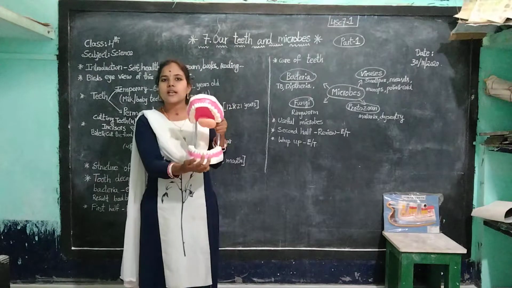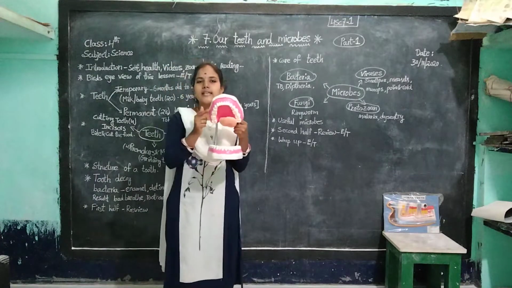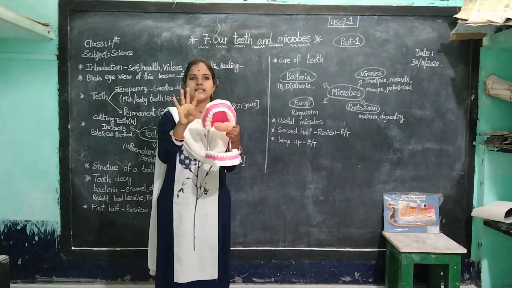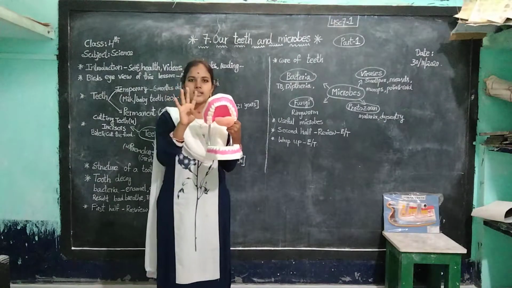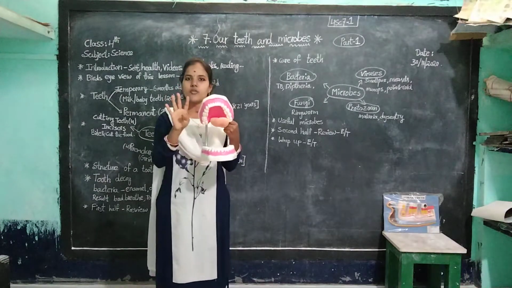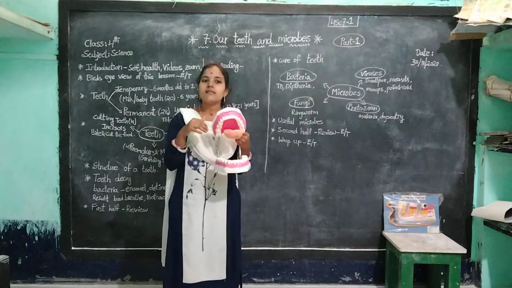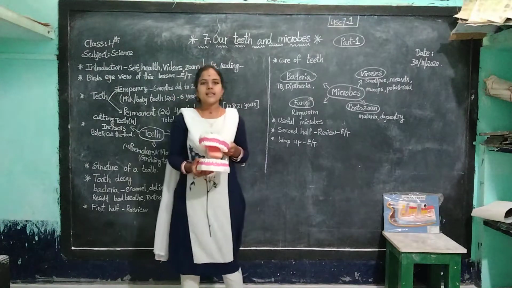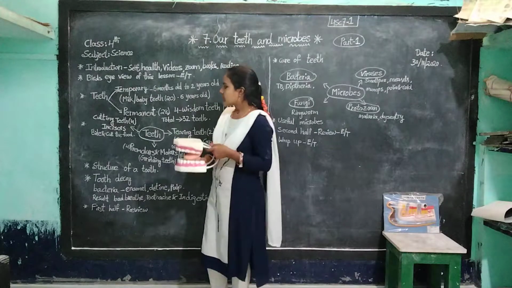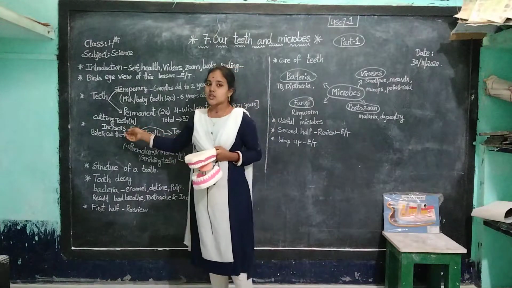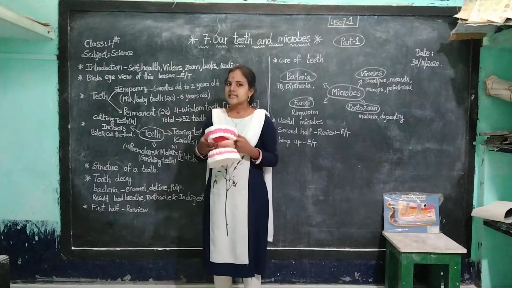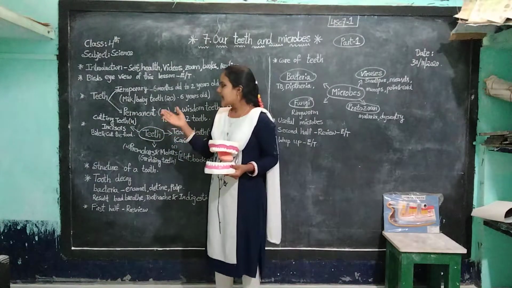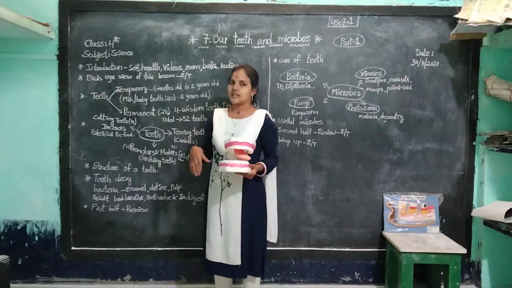In each jaw there are 4 incisors. So totally in the upper jaw we have 4 incisors and in the lower jaw we have 4 incisors. Totally we have 8 incisors in our mouth. Those are also known as cutting teeth because these teeth are used to cut and bite the food.